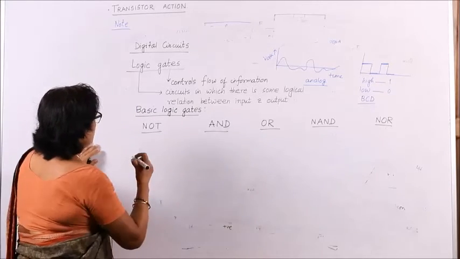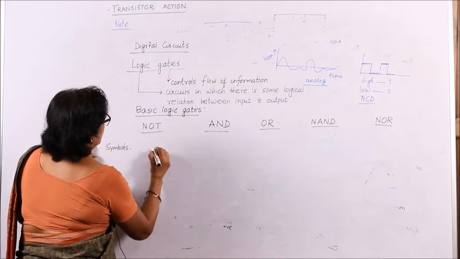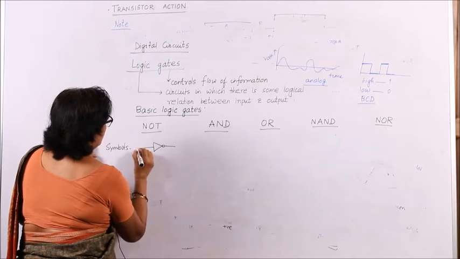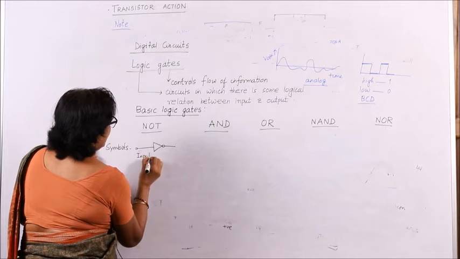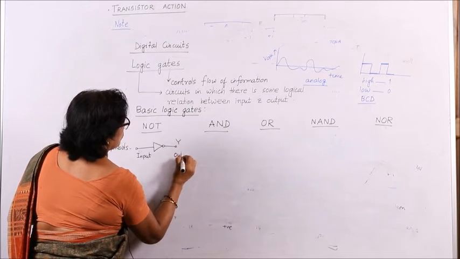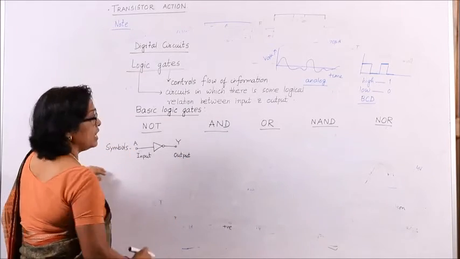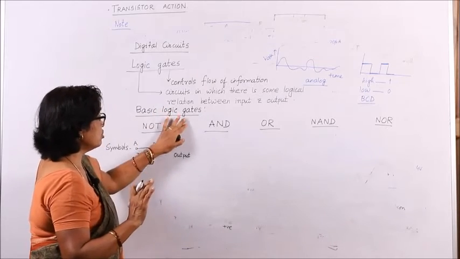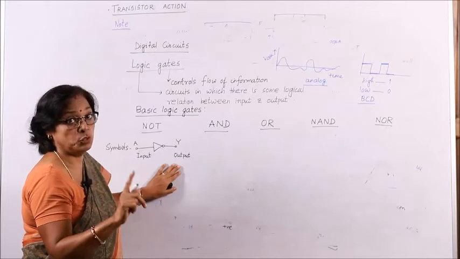These are the symbols. NOT is given in this way. This is the input, on left side is input, the Y stands for output. In all the cases, I will write the input as A, B, C, D, etc. and the output as Y. In the gates, output is only one, there may be more than one input.